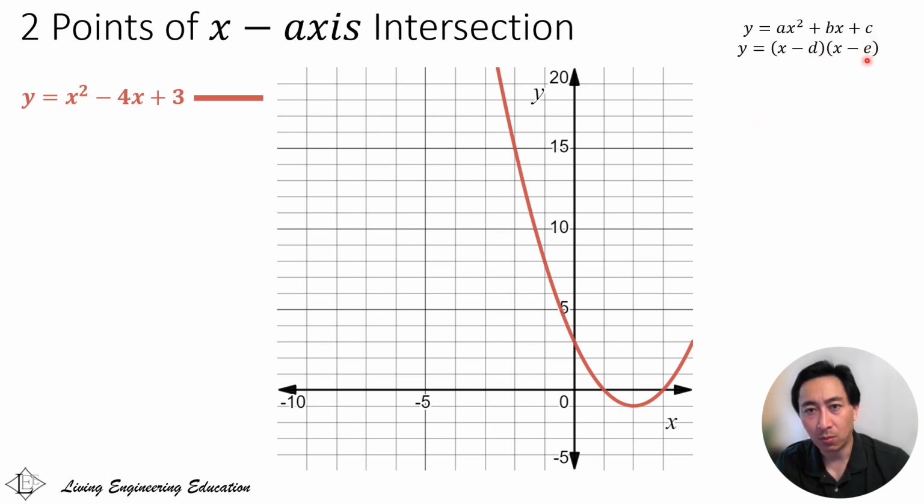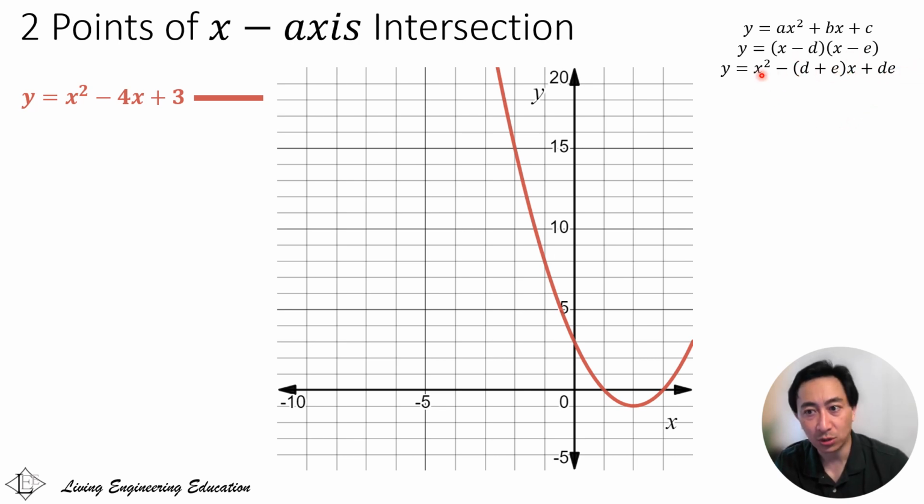I can multiply these 2 terms, and then we'll get x squared minus xe minus dx, or minus d plus e times x, plus negative d times negative e, which is positive de. Right, so this is an expansion of this form.